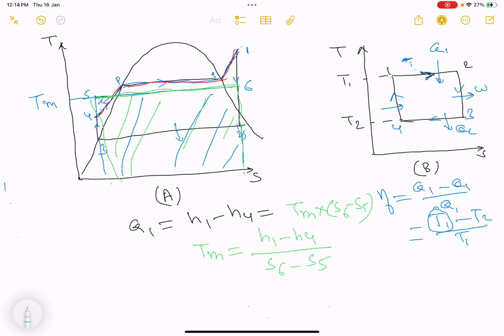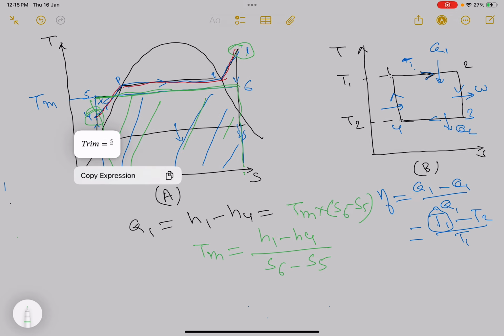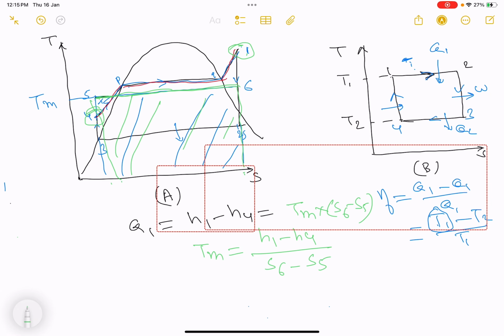So if you want to find the mean temperature of heat addition, you have to find the total heat added, considering the condition at which the steam is about to enter the turbine at point 1, and the water is about to enter the boiler at point 4. I'm sorry, at point 1 the steam is about to enter the turbine.